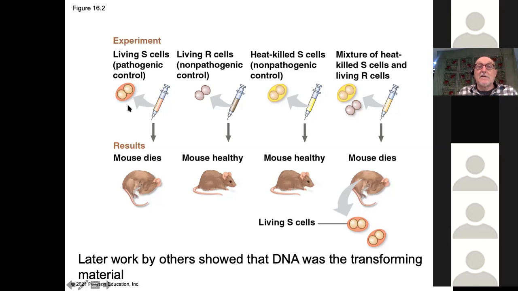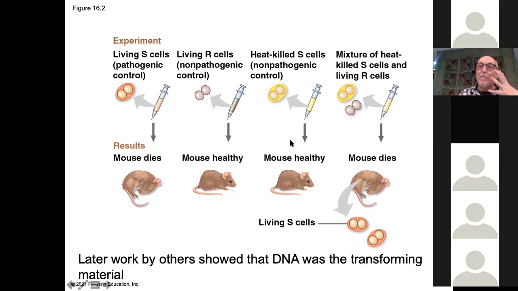This is conferred by a small set of genes which allow this bacterium to be pathogenic because it produces this capsule. Those same genes can be acquired by these rough bacteria, and that transforms them into smooth.